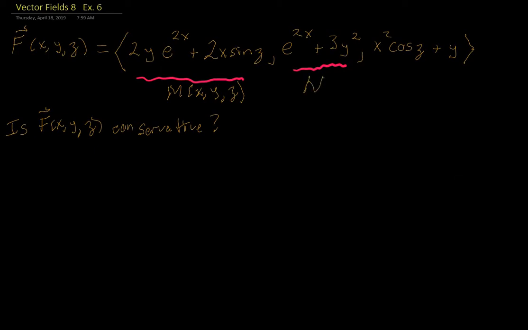I'm not going to write the parentheses x, y, z, but it's there. And then the third component, x squared cosine z plus y, that component is called P of x, y, z.